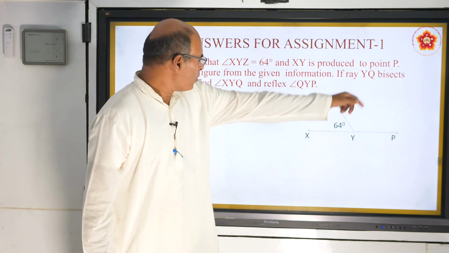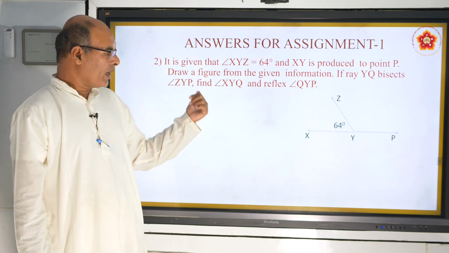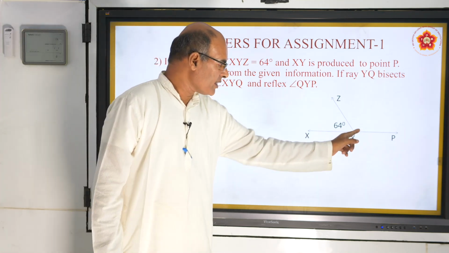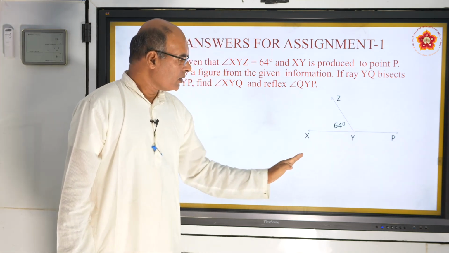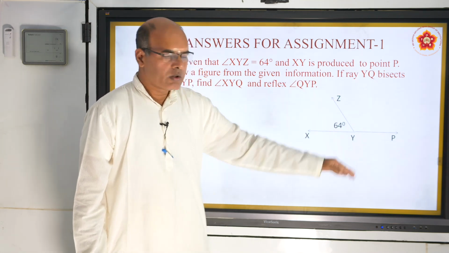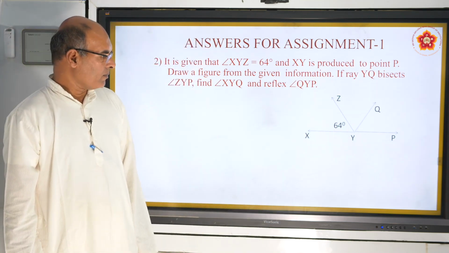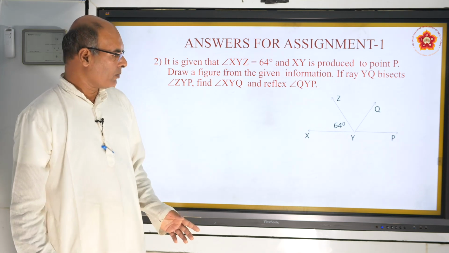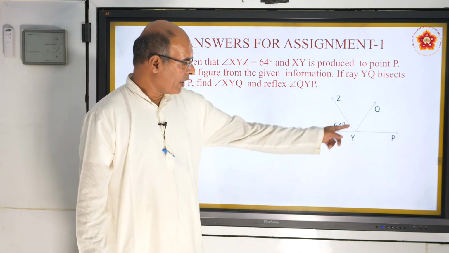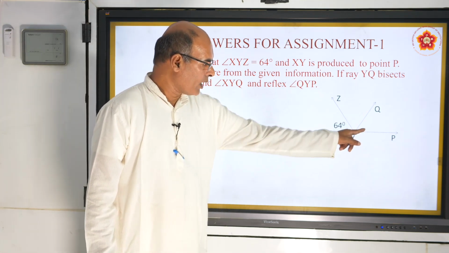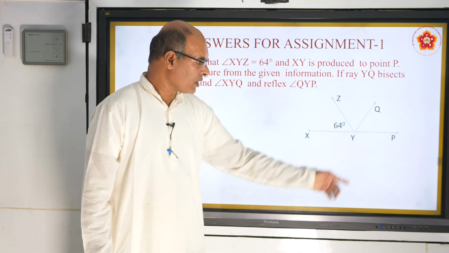If a ray YQ bisects angle ZYP, angle ZYP is here. This is the angle ZYP. We have to draw another line YQ to bisect this angle. Bisect means make into two equal parts. So now angle ZYQ is equal to angle QYP, that is half of angle ZYP.